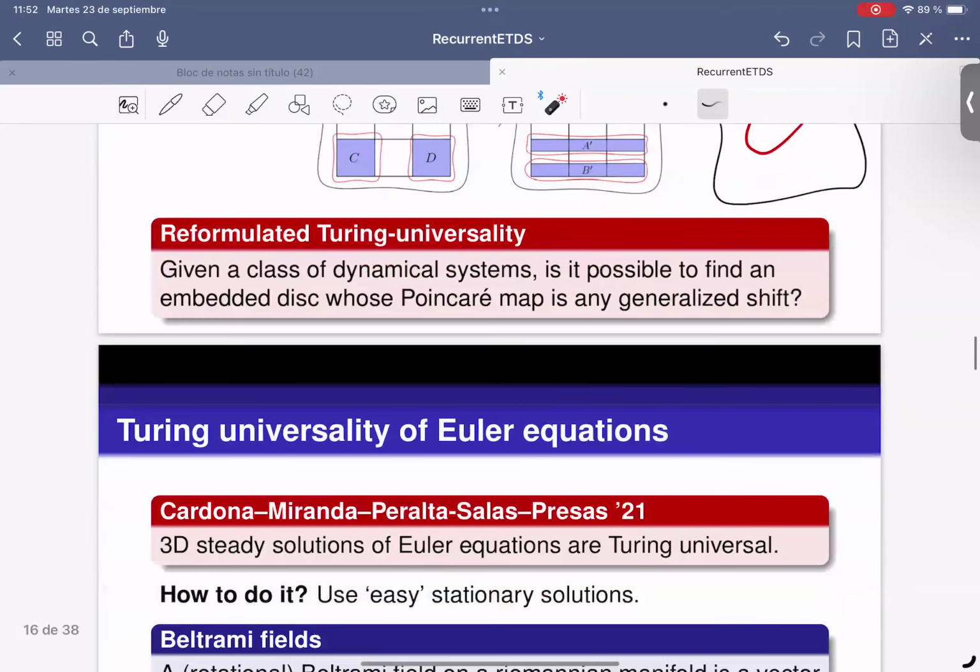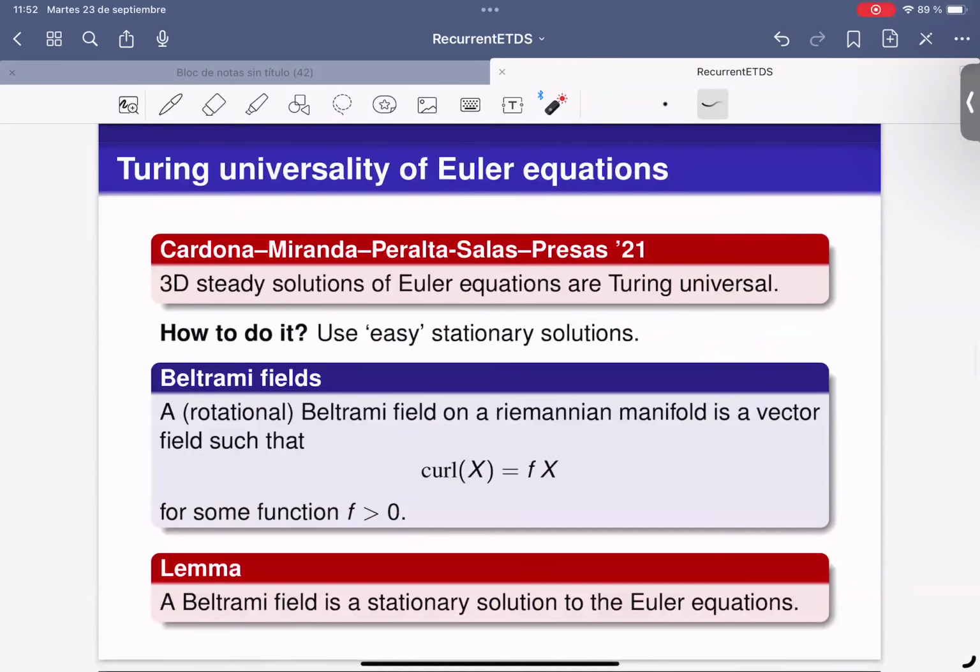So the most important theorem in this regard says that three-dimensional steady solutions of the Euler equations are Turing universal, meaning the following.